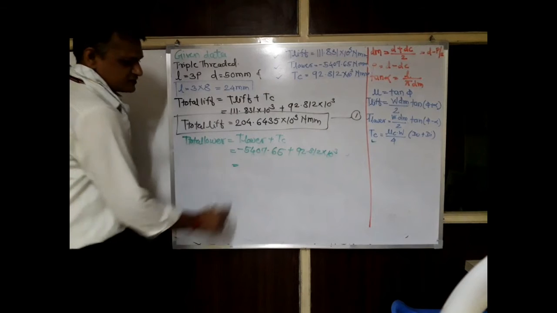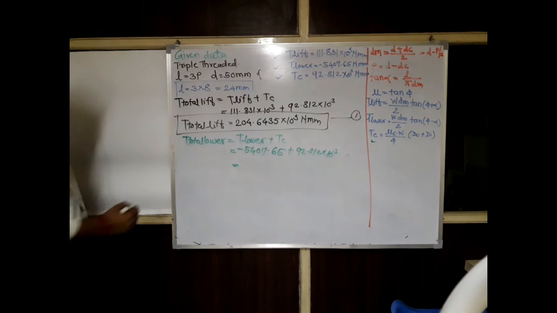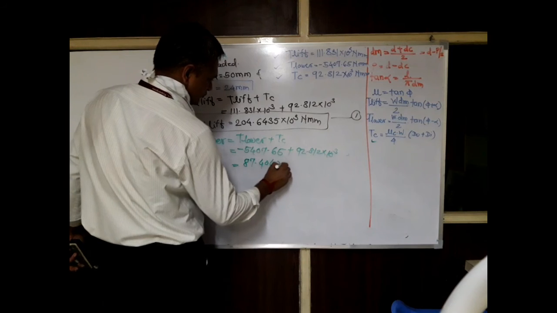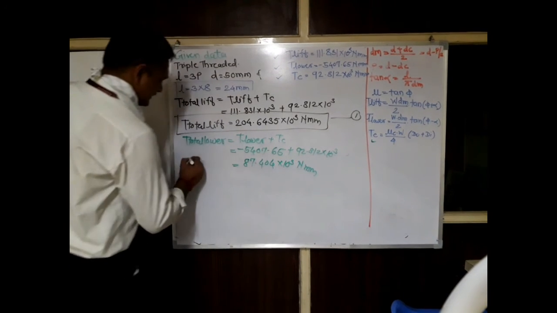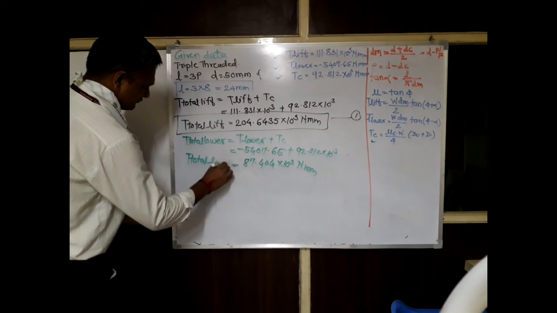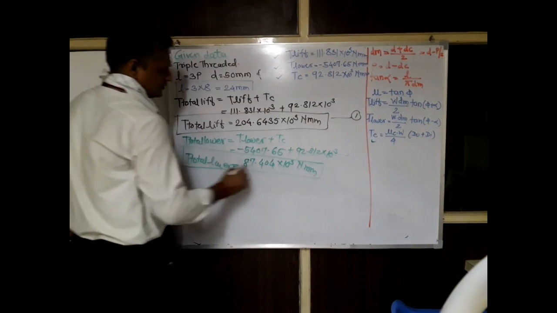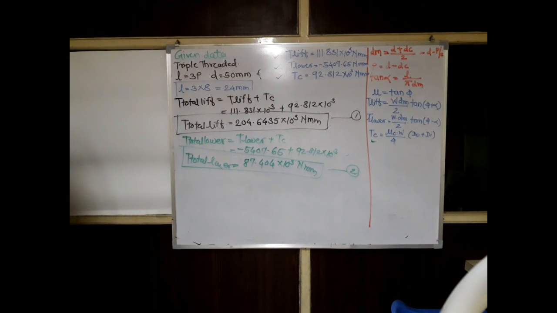Calculate the addition of these two. The addition comes to be 87.404 into 10 raised to 3 Newton mm. This is the answer of T total lower. This is the second answer, which is being asked in the examination.